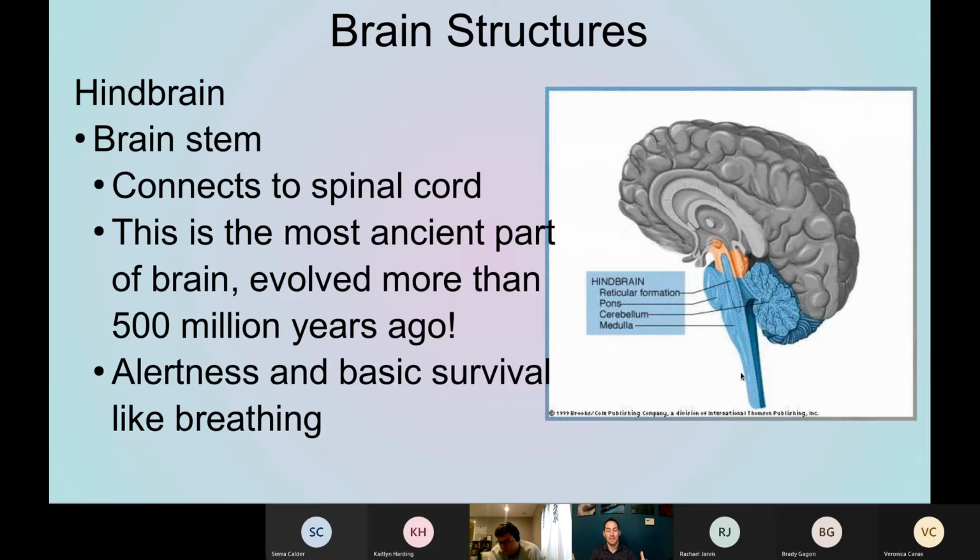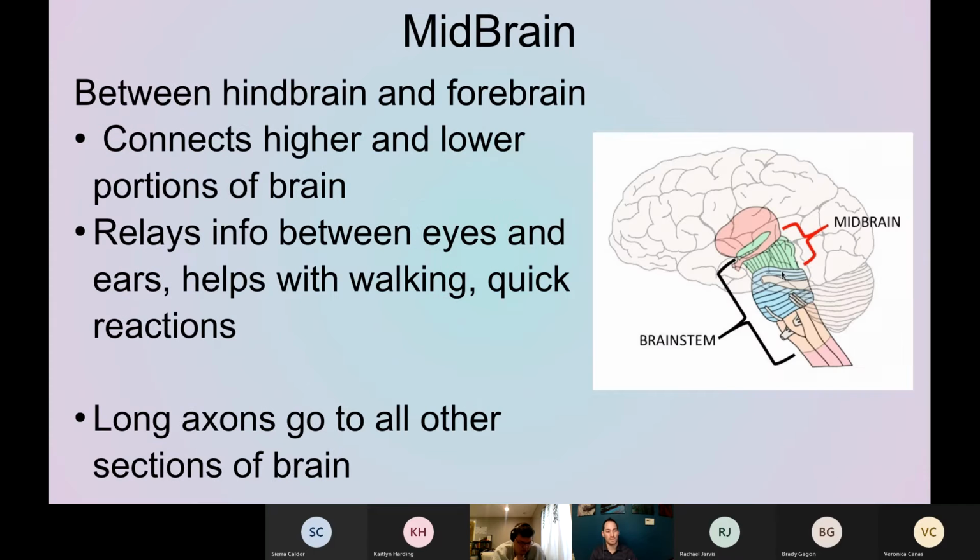So the brainstem is where a lot of information is coming through. So from the cerebral cortex, information coming through your midbrain and then going down through the brainstem, then your sensory nerves, a lot of them, at least from your limbs, are coming through here, versus your eyes go to your midbrain. So a lot of things like alertness, basic survival is done there in the hindbrain.